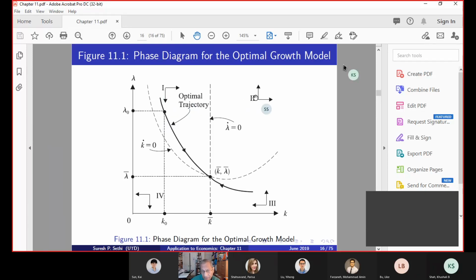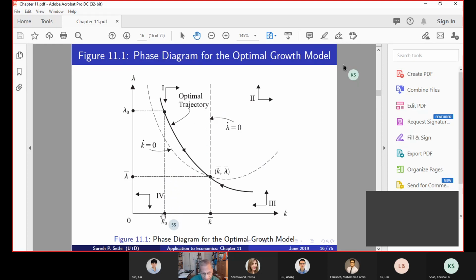If I'm at this point, then lambda will increase and x will increase. If I'm at this point, then x will decrease and lambda will increase. If I'm at this point, then x will decrease and lambda will decrease. We can find this out by looking at those equations and functions. Once we find this, you can sort of see what's going on.